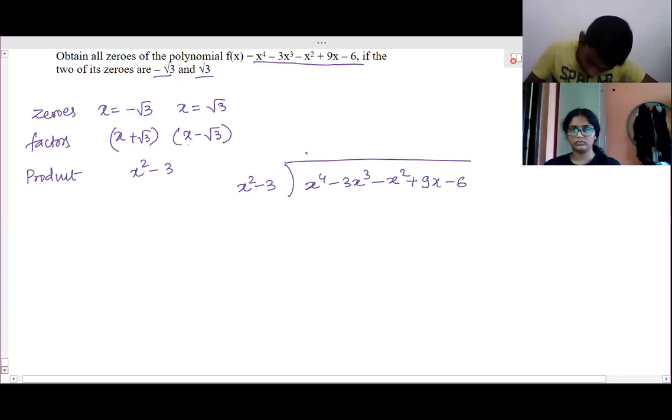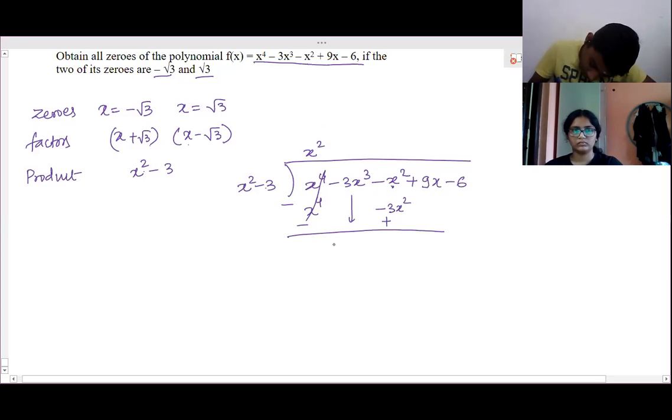So now the first quotient is x square. x square into x square is x to the power 4. x square into minus 3 is minus 3x square, but write equal terms below equal terms. Here is x square, so minus 3x square will come here. Subtract, this is minus, this is plus. This gets cancelled. This term comes down, minus 3x cube, minus 1 plus 3 is plus 2x square, plus 9x minus 6.